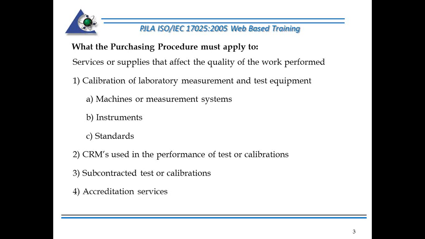When you think about it, the services afforded you in your laboratories by organizations such as ours, such as PJLA, affect the quality of the test results or calibration results that you produce, because it's through the accreditation process that traceability of those results is established. So your interaction with your accrediting body is also a function that is addressed by the purchasing procedure referenced in section 4.6.